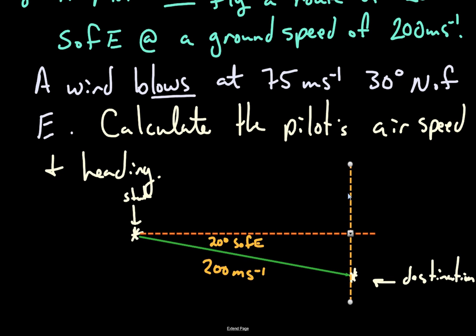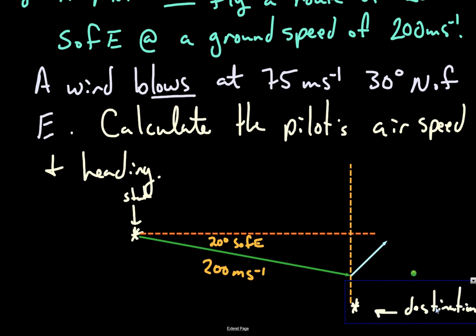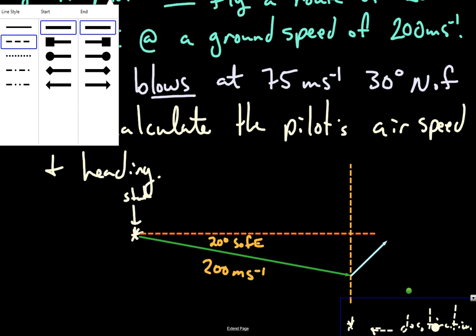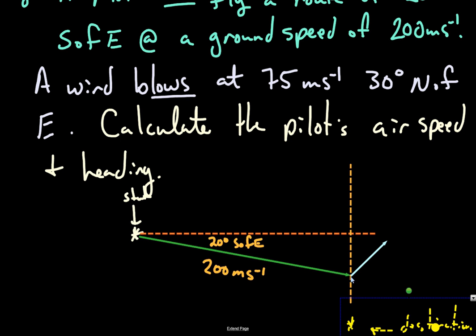This here is just a guidepost, and the wind is blowing 75 meters per second, 30 degrees to the north of east. So there's east, and we're going about 30 degrees to the north of that at about 75 meters per second. Let me move this out of the way, write some stuff in, and add in our guidepost again here.